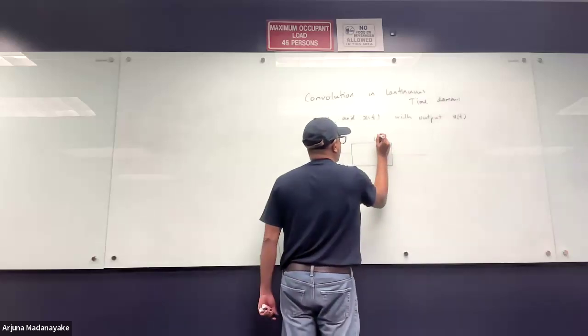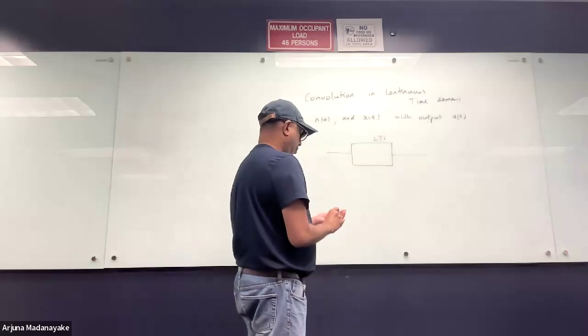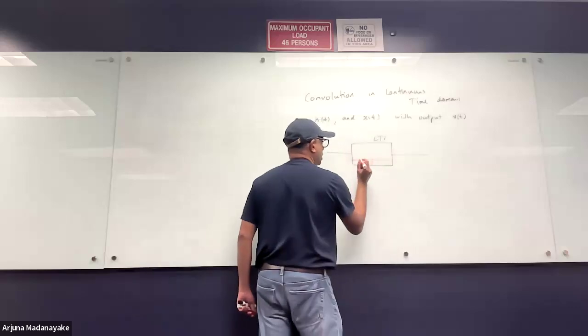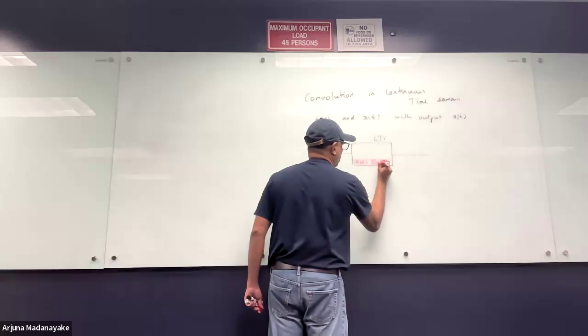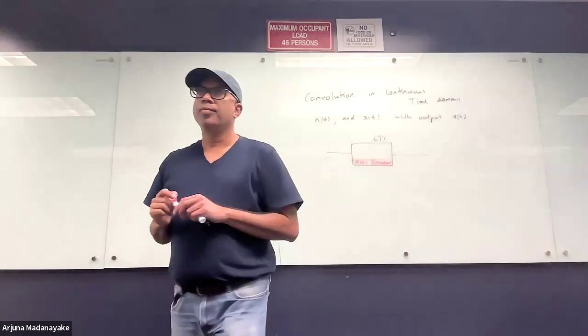So we have, this is an LTI system. We are going to say two things. One, this impulse response is h of t, and this is a convolver. It produces a convolution.